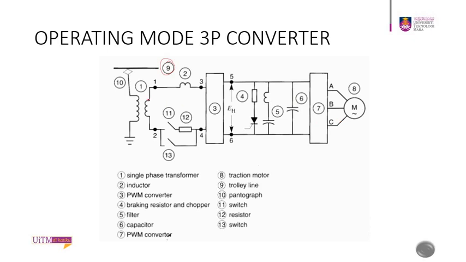It goes to the transformer, then to the PWM converter. Maybe this is the AC line, AC going through here, so maybe here is AC to DC.